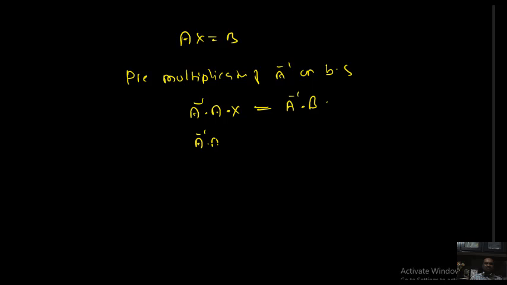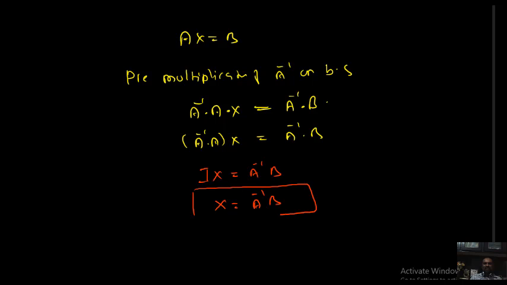A inverse into A means I, the unit matrix, into X equal to A inverse into B. Any matrix multiplied by the unit matrix stays the same, so we get X equal to A inverse into B.